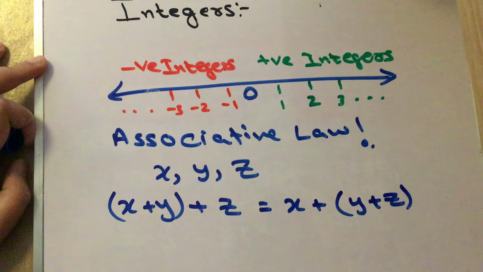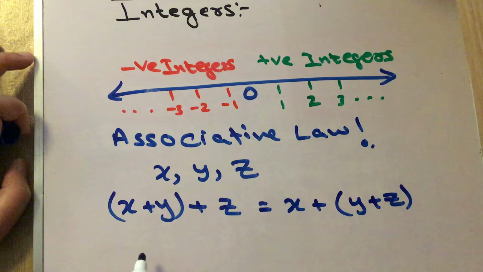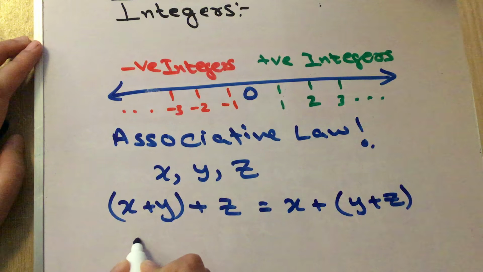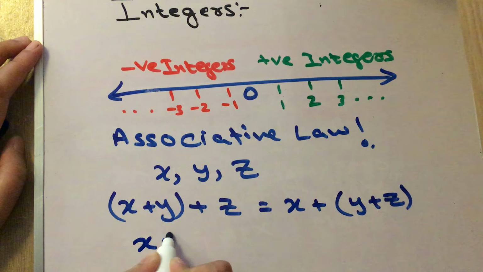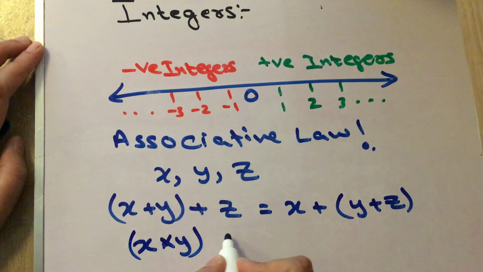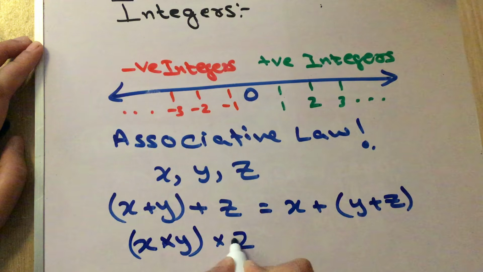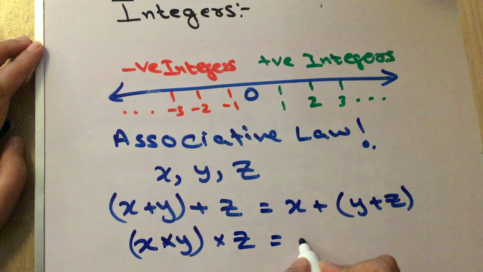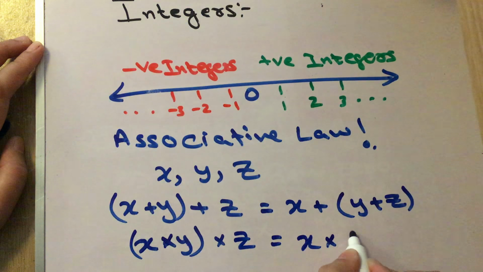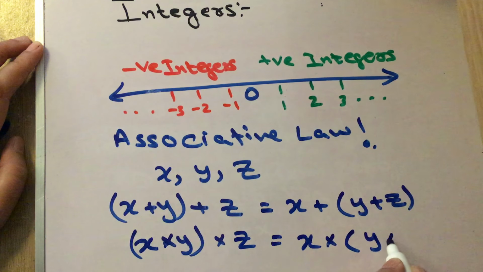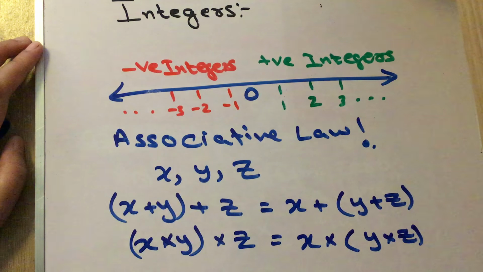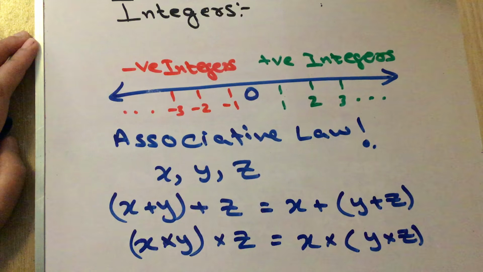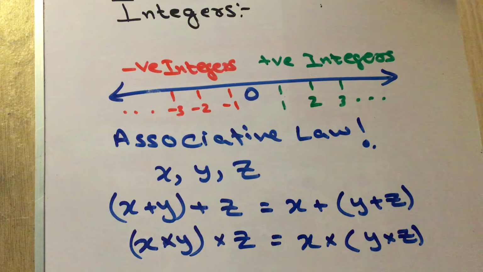So the result will be the same. This is called the associative law of addition, and the same goes with multiplication. If you multiply x and y first and then multiply the result with z, the result will be equivalent to if you multiply y and z first and then multiply x with it. So these are called the associative law of addition and multiplication.